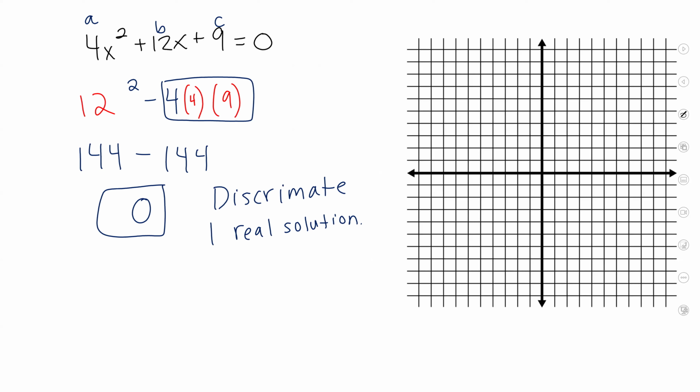So guys, my quadratic formula is x equals negative b plus or minus square root all over 2a. Your discriminant will go under that square root symbol. We said the discriminant was 0, so 0 will go under the square root symbol. Your b value is 12, and your a value is 4.